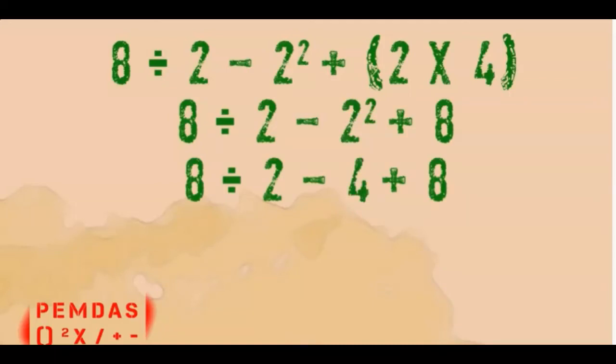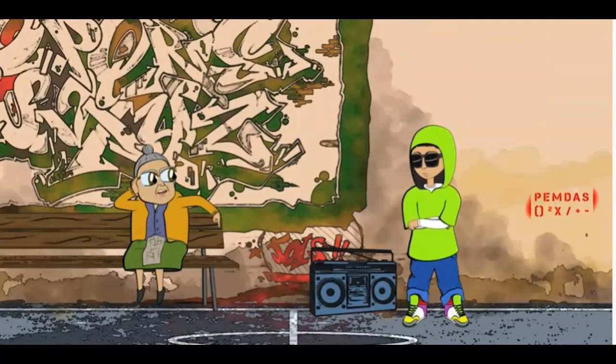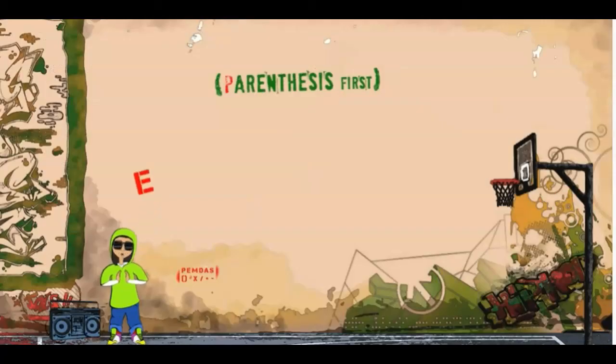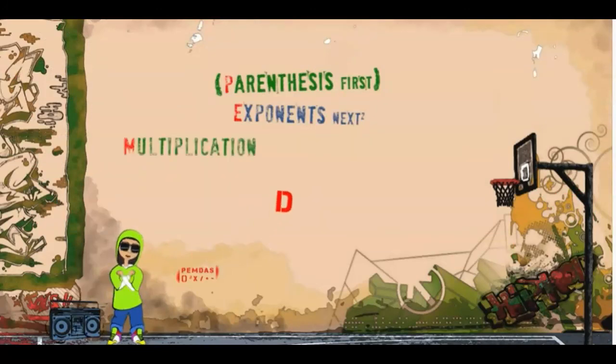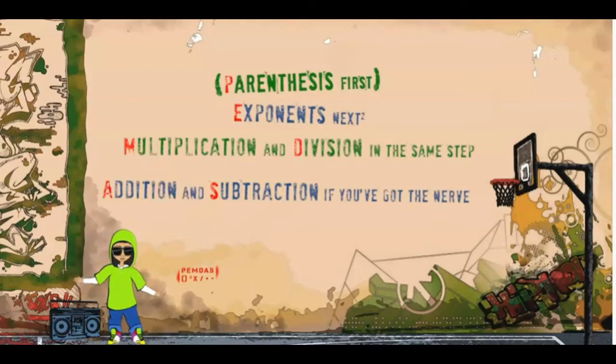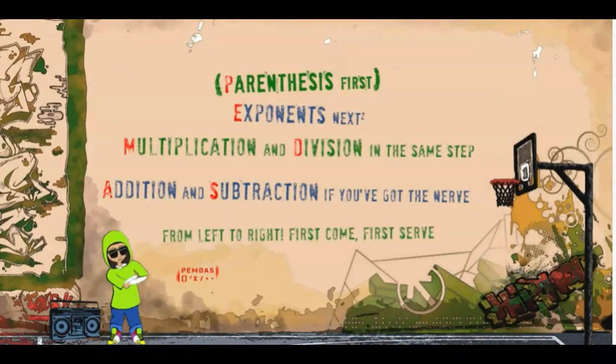Let's see what we got. Take a look at the signs. Divide the 8 by the 2. The quotient's 4 and we're almost through. It's finally time to add or subtract. 8's the answer and that's a fact. Write it down.